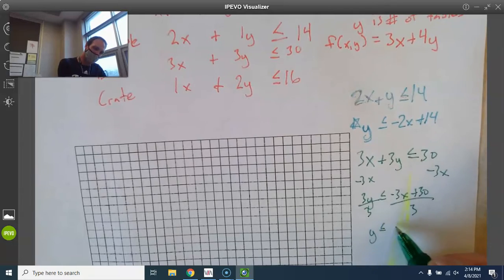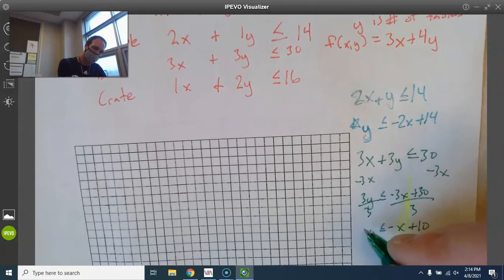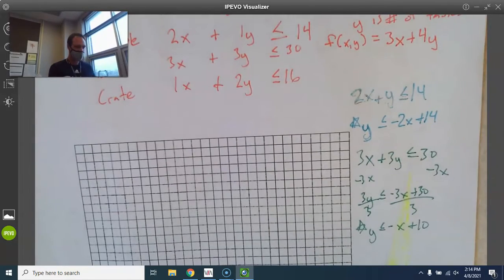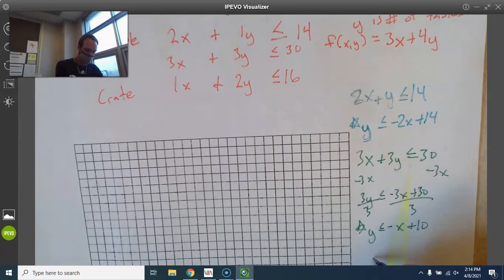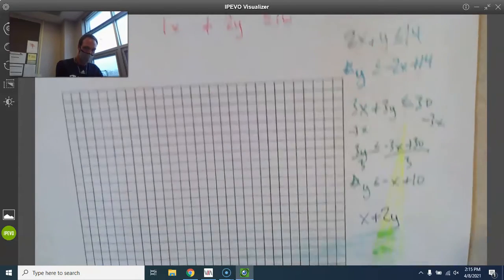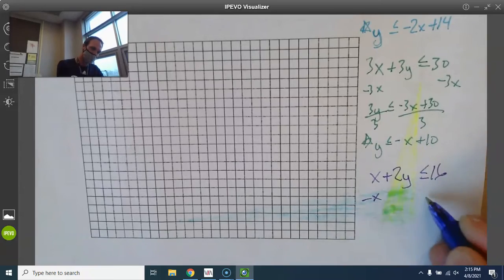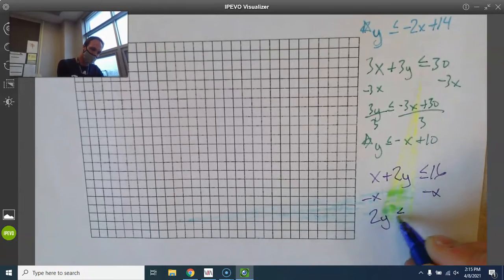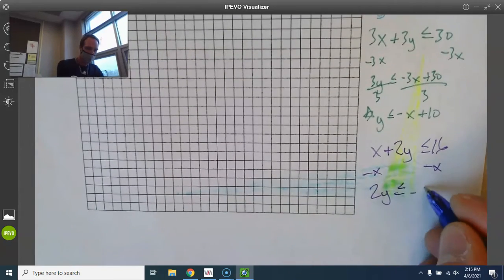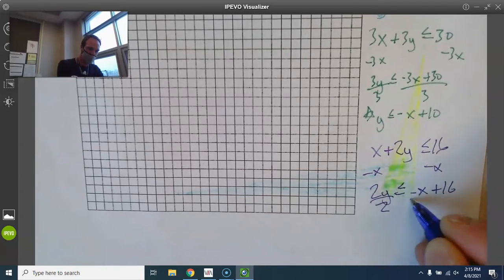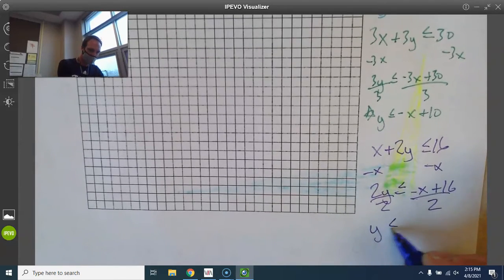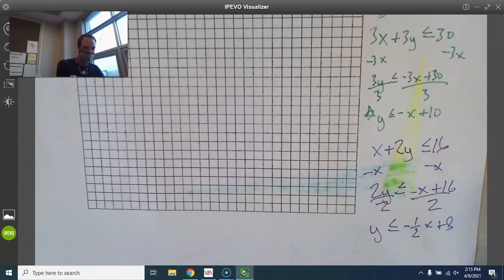So you get y is less than or equal to negative x plus 10. So I got y is less than or equal to negative 1/2 x plus 8.